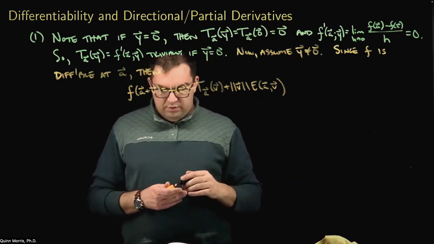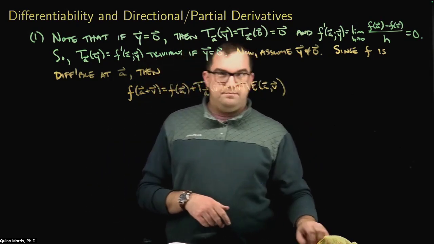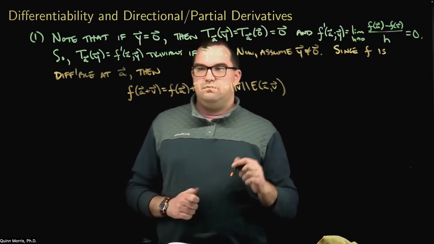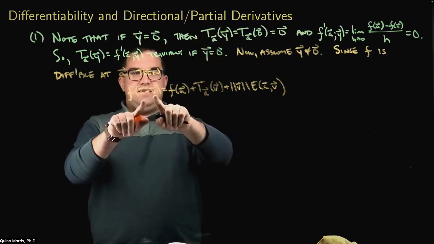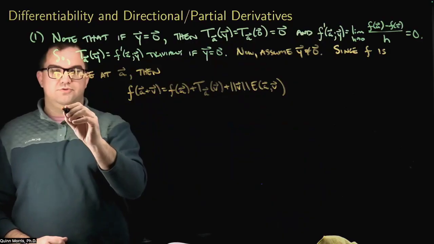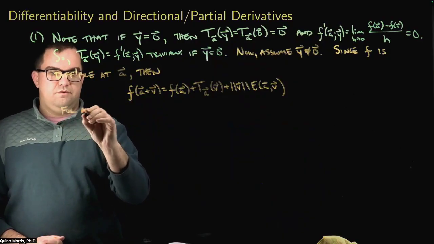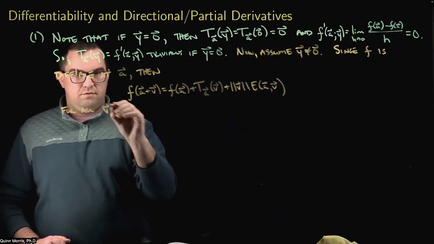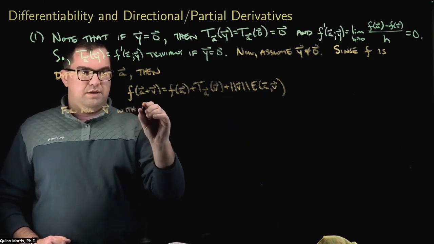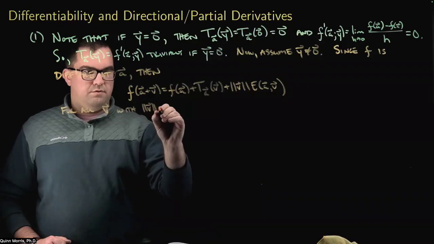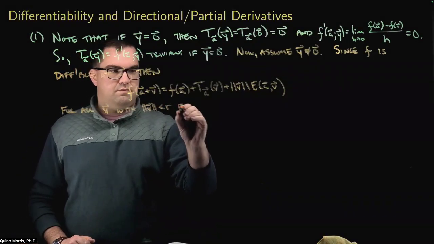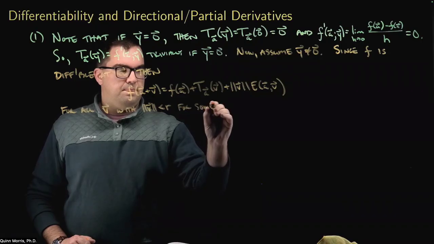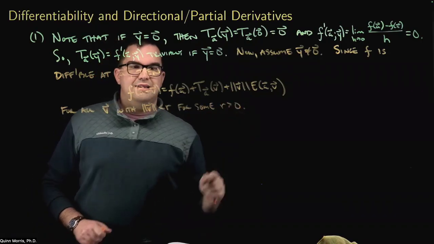Okay. So now I'm going to let V, well, sorry, let me emphasize here too. This holds, let me just write this out, for all V with, right, I need that limit.